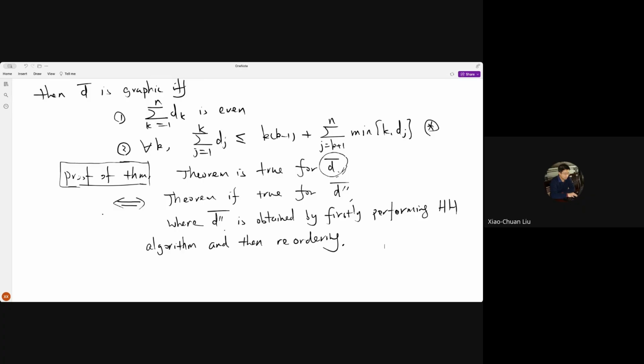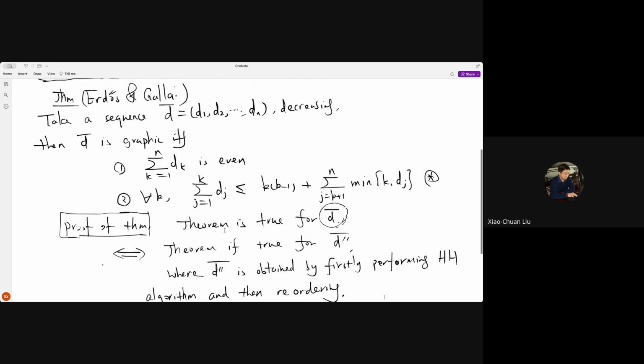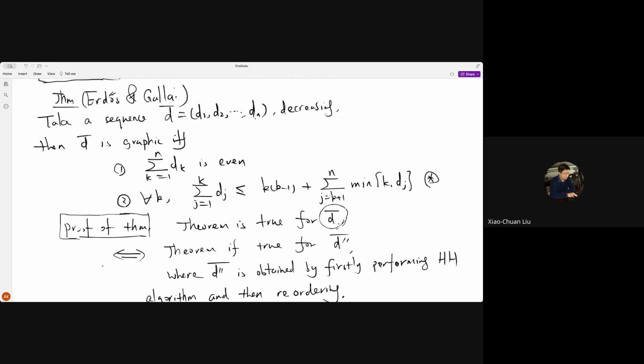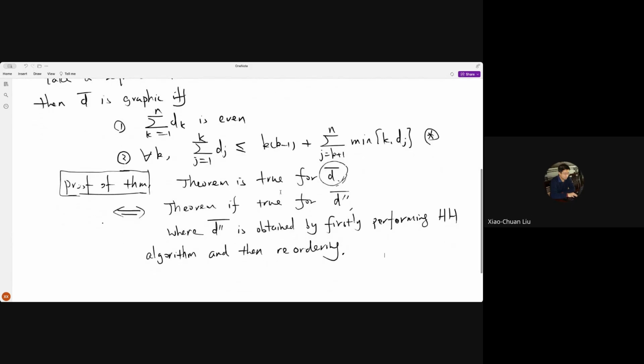But in order to make sense of this theorem, you have to make it decreasing, because you want to verify this star. So after the HH algorithm, you have to reorder it to obtain a decreasing sequence, which we call D prime bar, and it's equivalent to show that for D prime bar, the two conditions hold.